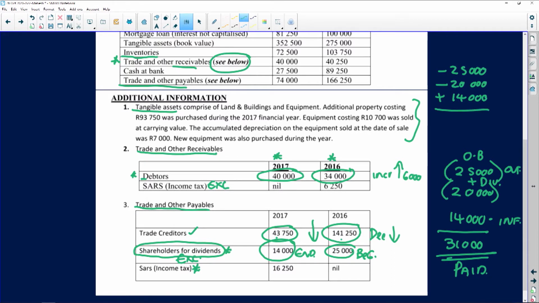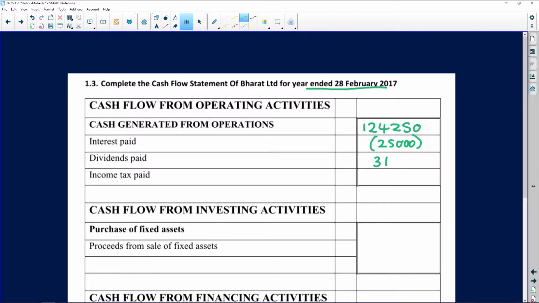So your dividends paid is 31,000. You're still going to get the 31,000, guys. And remember, that is negative, because that money left your bank account. Right, so let's enter the 31,000, and remember, it needs to be in brackets. Show your calculations in brackets, or tell the examiner where you've got your calculation, preferably on the actual page itself.